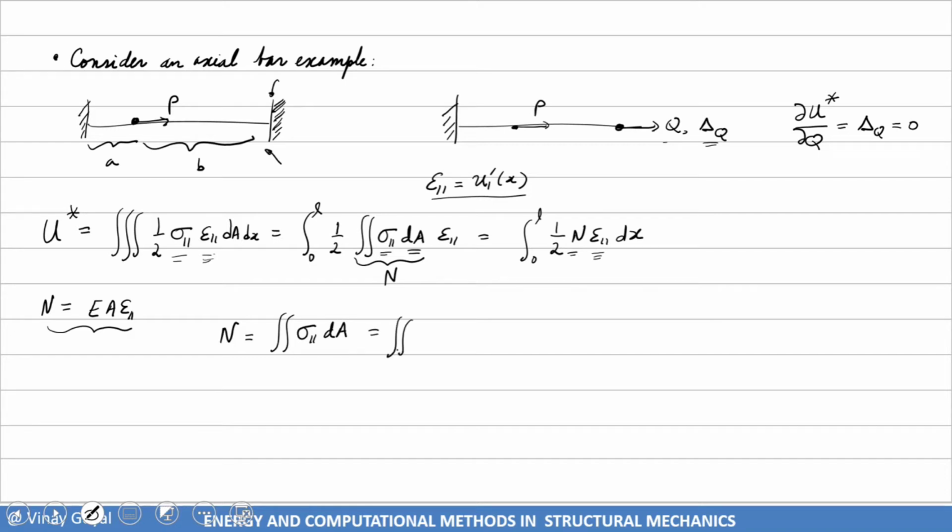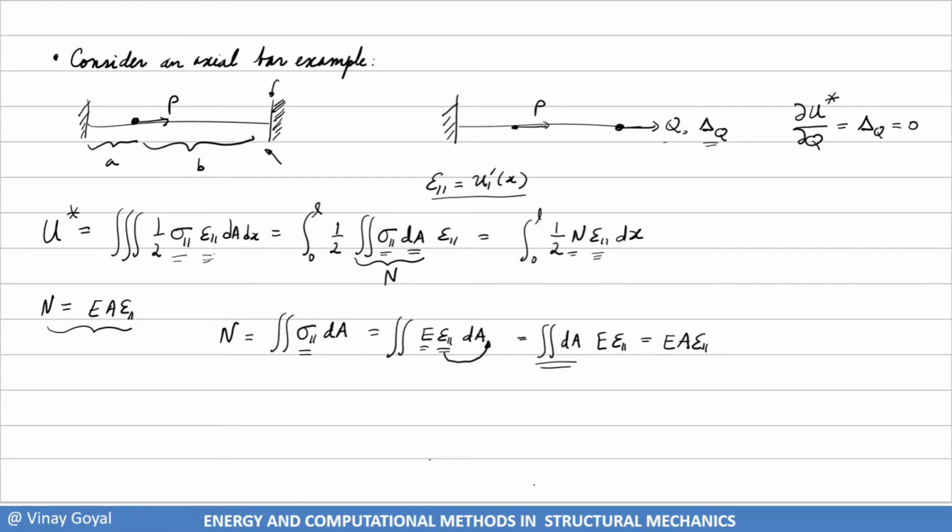But sigma 1 in one-dimensional theory is E times epsilon 1 dA. And again, epsilon 1 does not depend on dA, so I can bring it out. And E also is constant, so that doesn't matter. So I get a double integral of dA, E epsilon 1, and this is area, so I get EA epsilon 1.